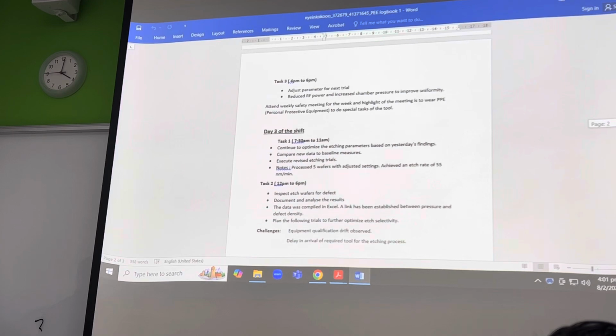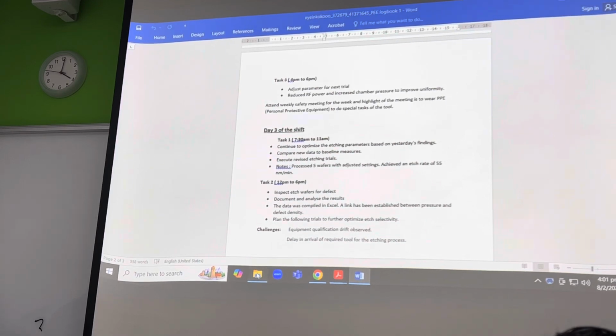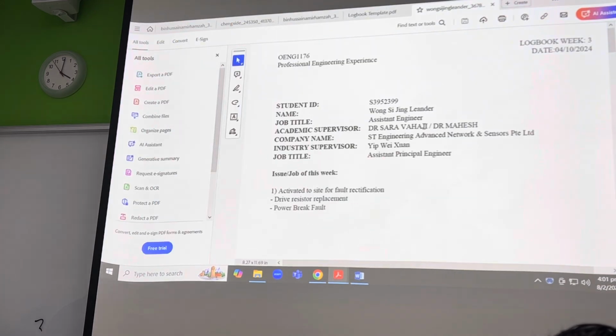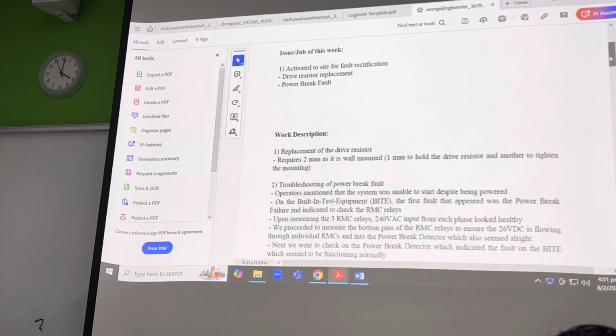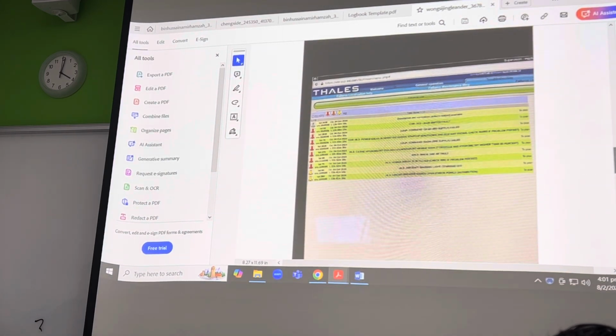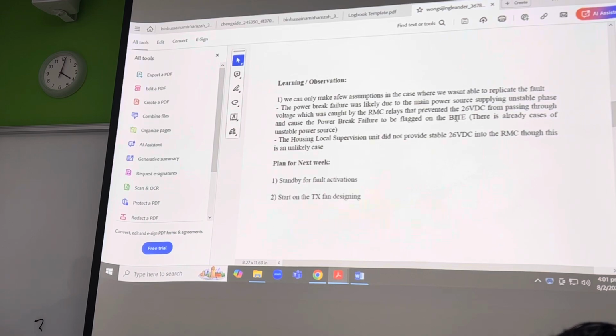Okay, so he does all these things. Let me see if there's any others. Yeah, so this guy also did some kind of VIP, built-in test equipment, to know where's the source or the error code, right?